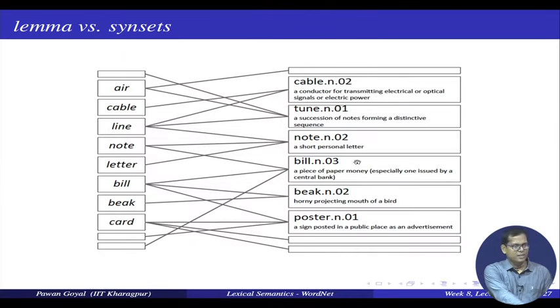Many different lemmas that share the same sense can come together in a single synset, and the same lemma for different meanings can go to different synsets, and that is captured by giving unique identifiers to different senses of the same lemma. So I will start talking about line 1, line 2, line 3 instead of just saying line. Each of these three will be in different synsets.